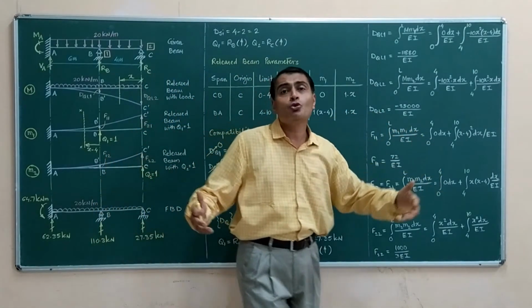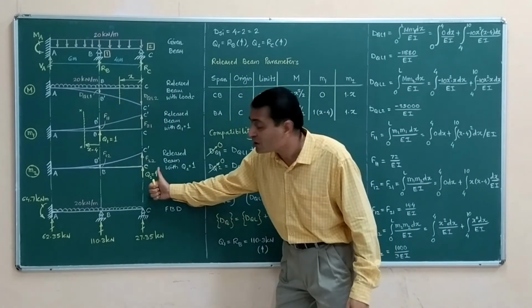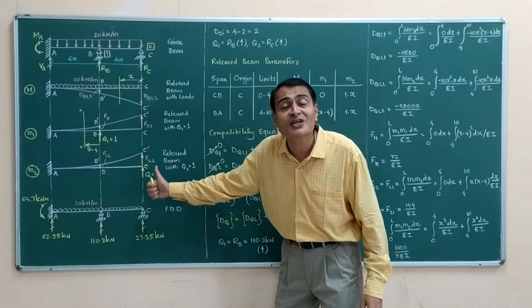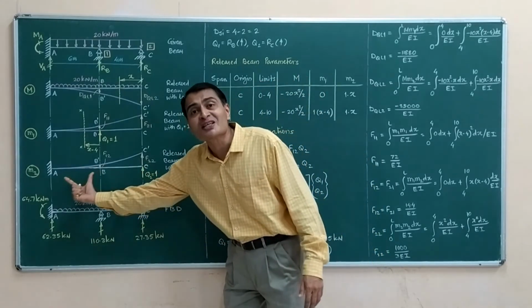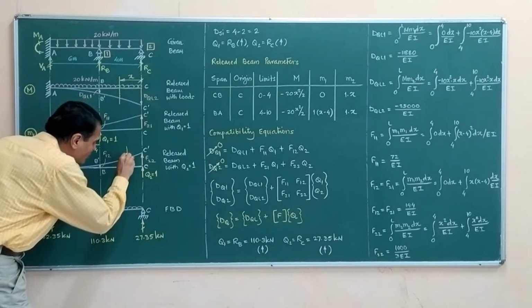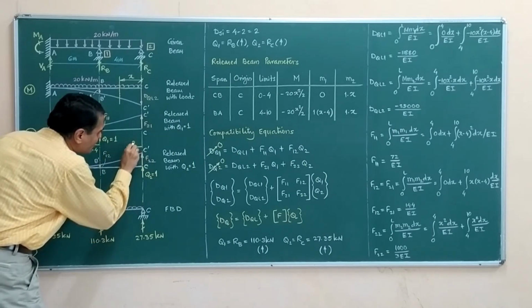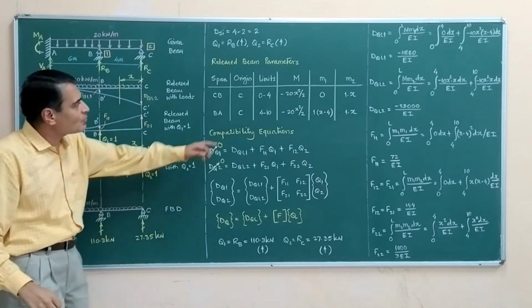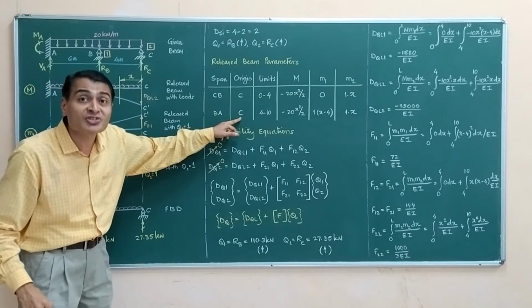And now we come to M2 diagram, which is here, and you are observing that the unit load is acting at the free end, whether you consider this span or this span. For the sake of total understanding, I am showing the section here. This distance we are calling as x. Why is this x? Because our origin is C, so I am calculating variable distance x from C point.